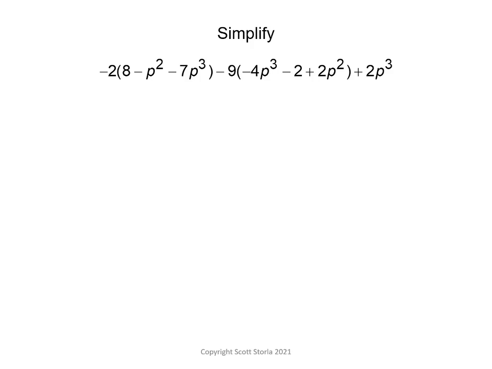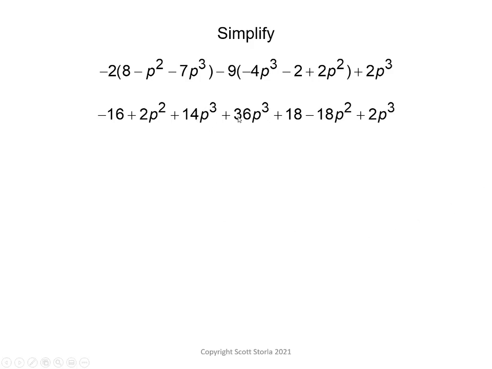Try this one again. Let's not change any of these to adding opposites and see how you do. This is going to be negative 16 plus 2p squared plus 14p cubed plus 36p cubed plus 18 minus 18p squared, and then I'll just bring down this last term.